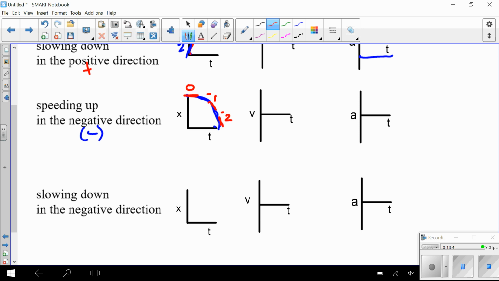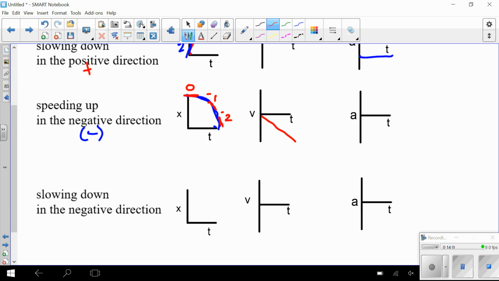So what would that translate to on the velocity graph? This means that we have a velocity of 0, a velocity of -1, and a velocity of -2. If you're headed in the negative direction, your velocity graph will be in the negative quadrant. And so it would look like that.